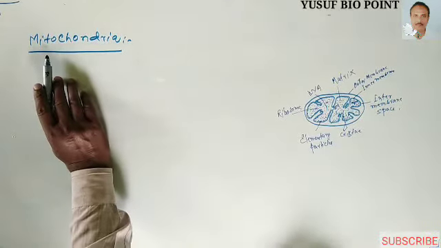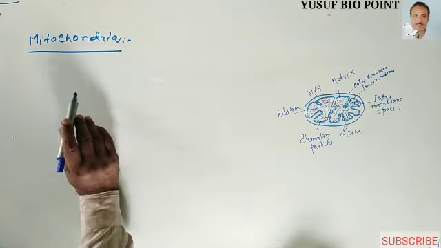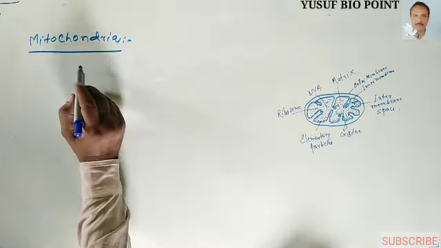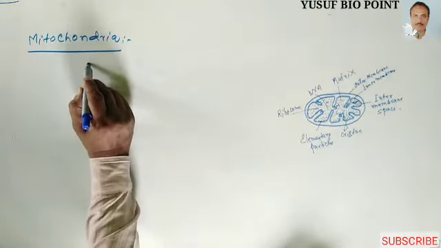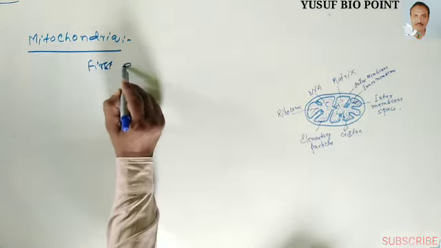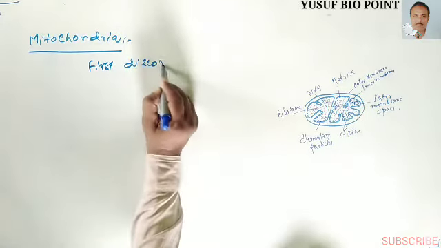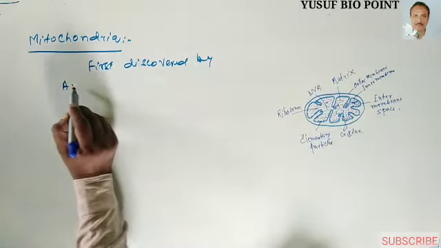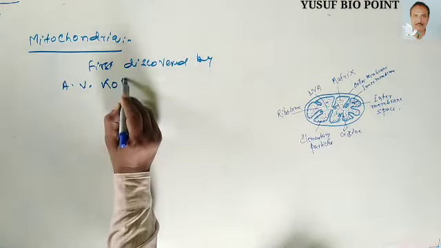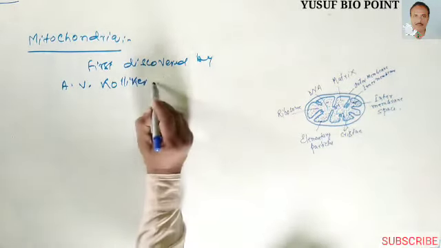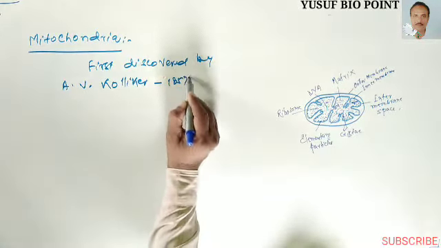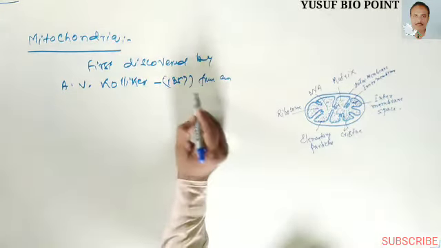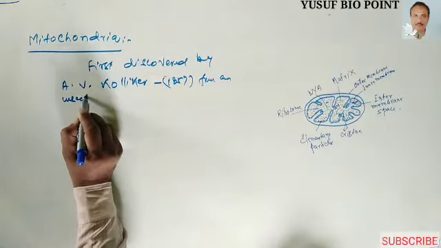Now the next point is mitochondria, an important organelle of the cell. It was first discovered by A.B. Kolliker in 1857 from an insect cell.